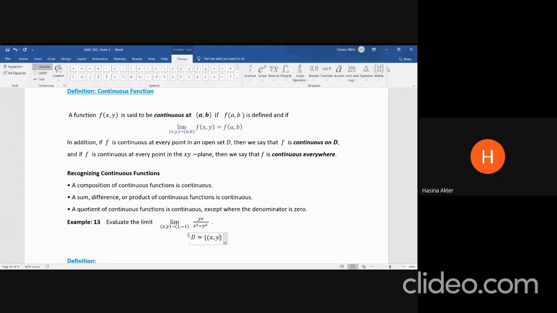The domain is (x, y), the members from the xy plane such that x squared doesn't equal y squared. That is, x doesn't equal plus or minus y.